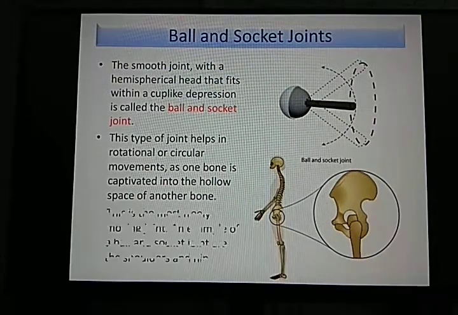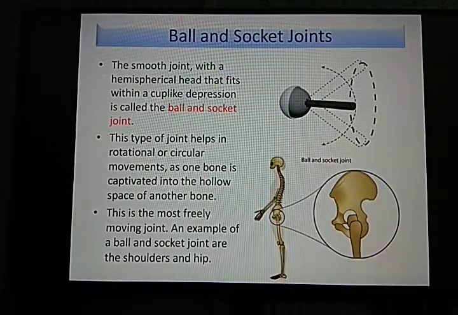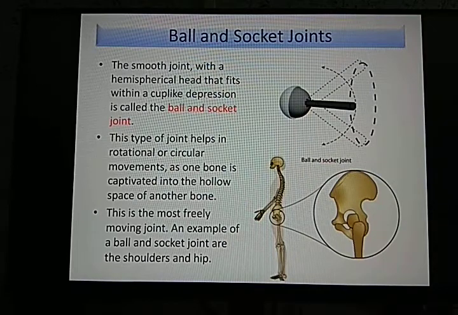Now where else is this ball and socket joint available? It is available at our shoulders as well, to connect our shoulder and the arm, as well as at the hip position, as you can see in the figure. This ball and socket joint helps in the free movement of our arms and legs, and it helps to connect with the rest of our body.